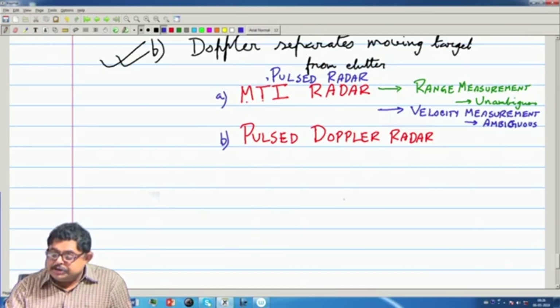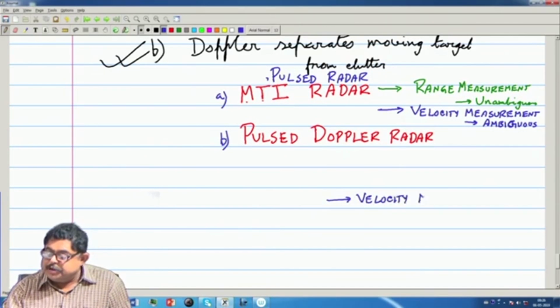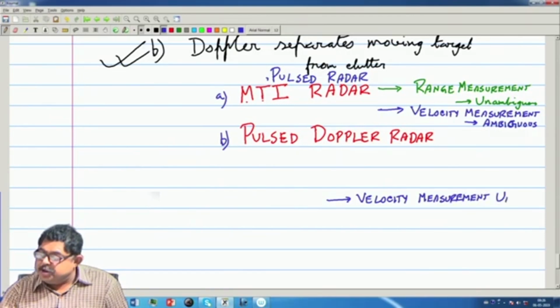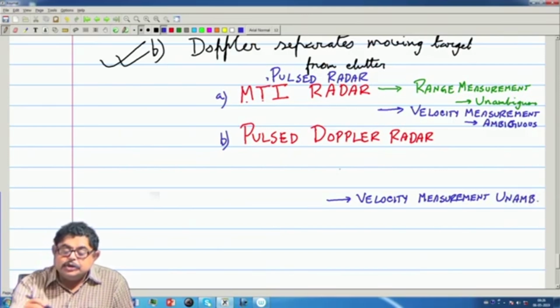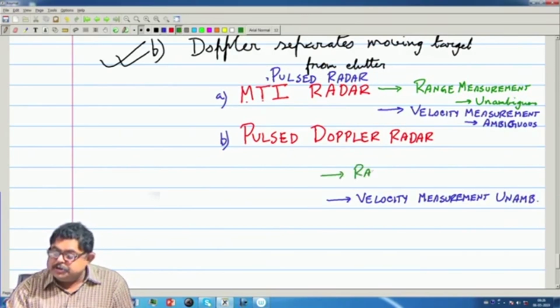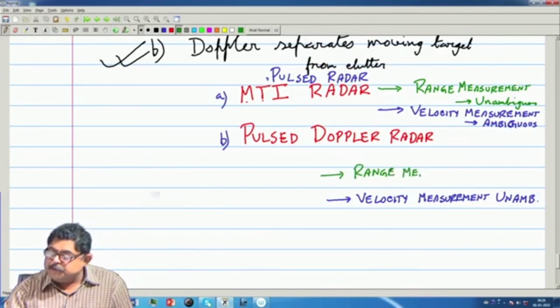So, I can say that for pulse Doppler the velocity measurement is unambiguous, whereas its range measurement may have ambiguity.